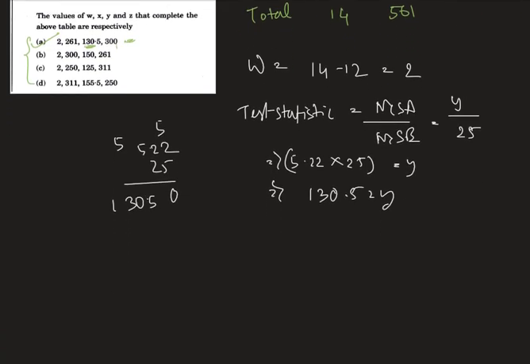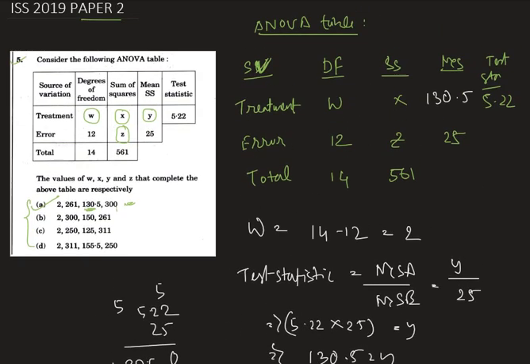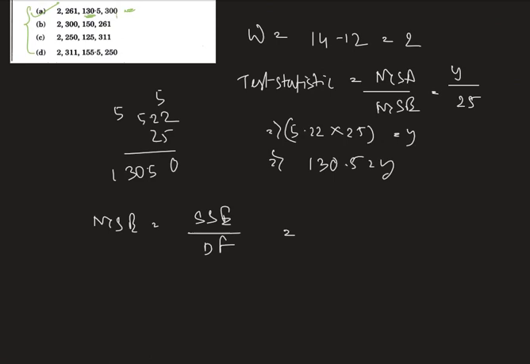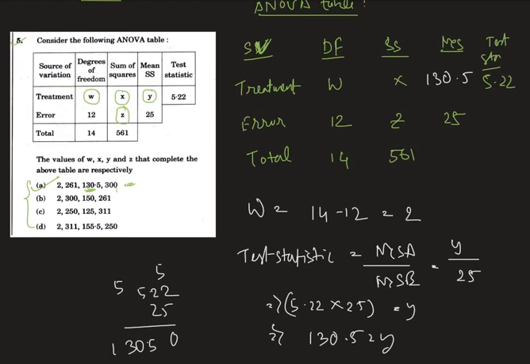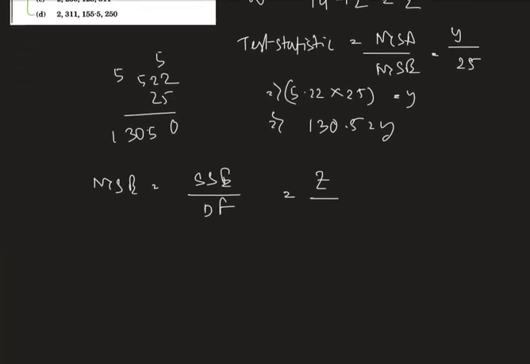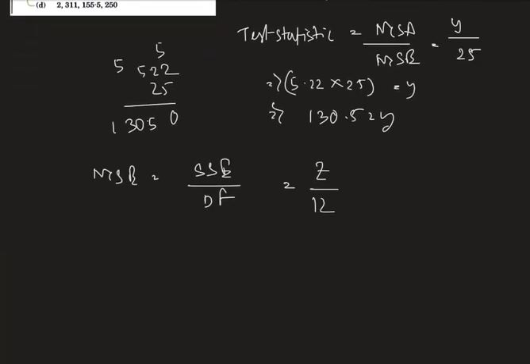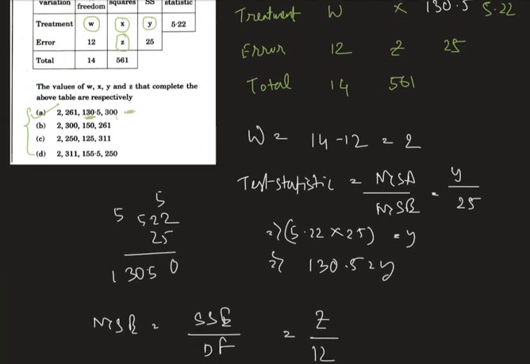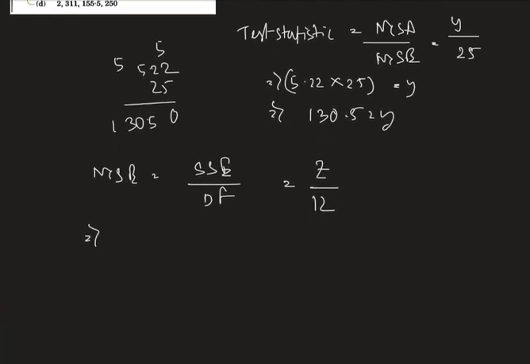As we know that MSE is equal to SSE divided by the degrees of freedom. Now SSE is given as Z and the degrees of freedom for the error is 12 and the MSE is given as 25.